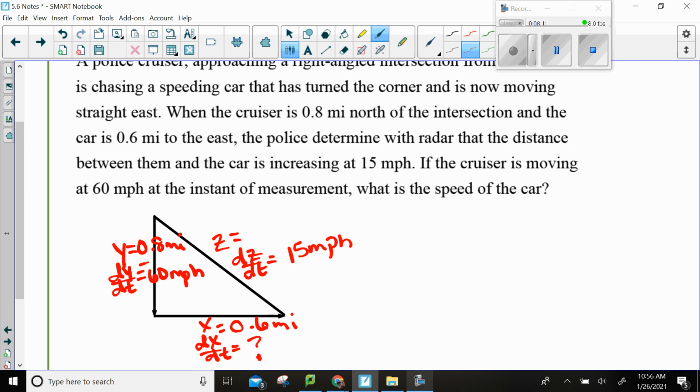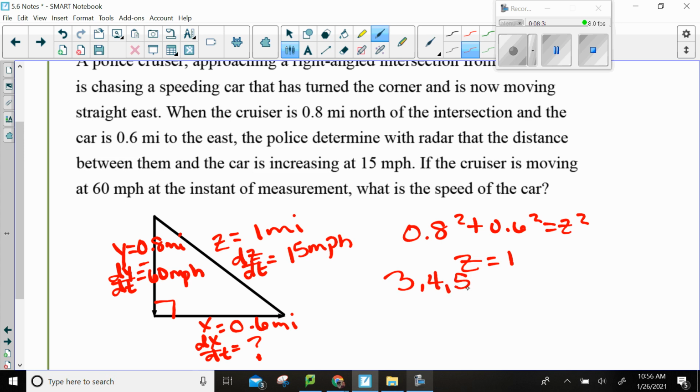We also can determine what our Z value is because these are related. They're in a right triangle. You can use the Pythagorean theorem, and you should get Z to be 1 mile. Ideally, I'm hoping you recognize the 3, 4, 5, the most common Pythagorean triple.